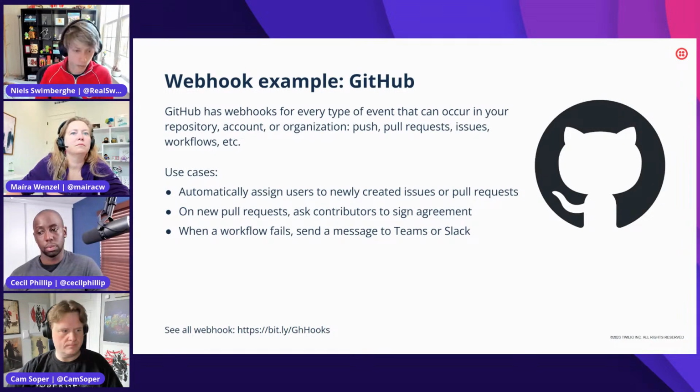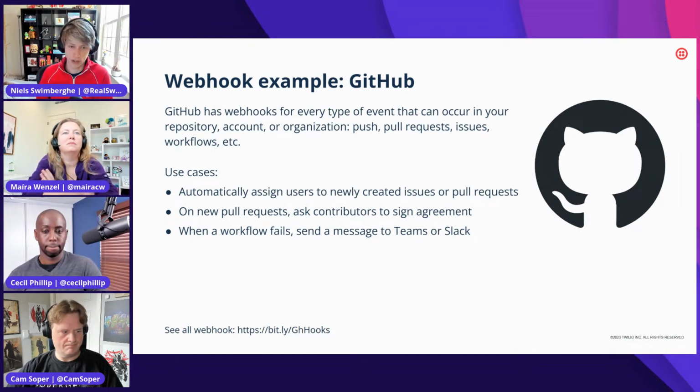One well-known example of webhooks is GitHub. GitHub has a webhook for every single thing that you can do in GitHub, which is very extensive. But the most well-known are probably a git push, a pull request, anything that happens with an issue, a new issue is created or a comment is added.